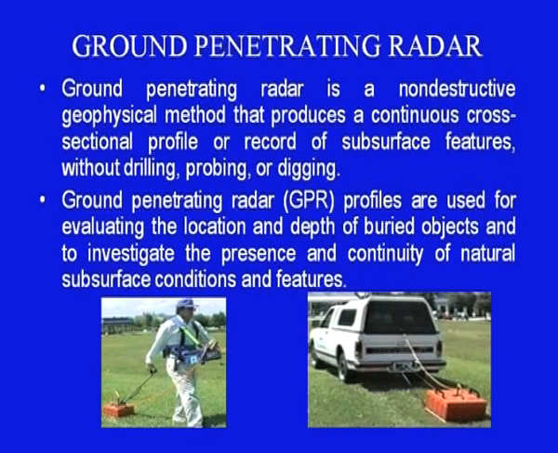The ground penetrating radar, or in short GPR, profiles are used for evaluating the location and depths of buried objects and to investigate the presence and continuity of natural subsurface conditions and features.